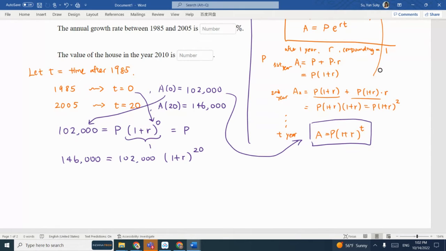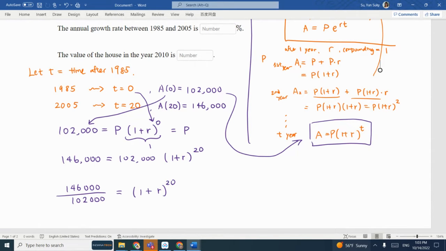We can use this to find R, the annual growth rate. So how do we solve for R? We divide both sides by 102,000. Then we get 146,000 over 102,000 equals 1 plus R to the 20.